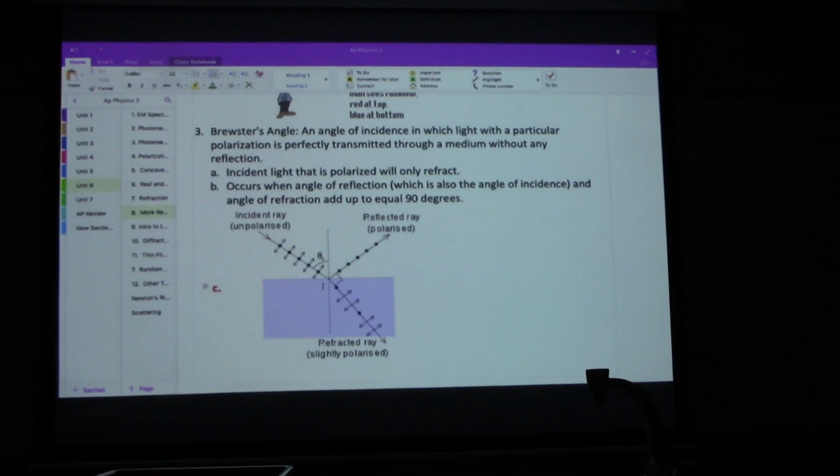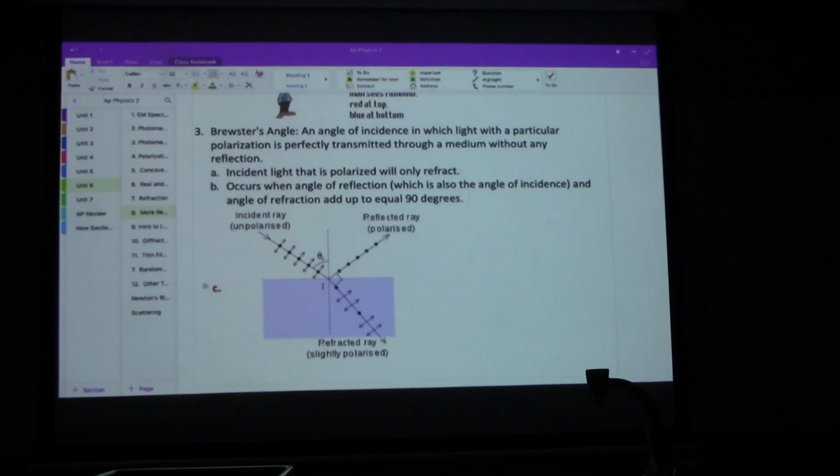So when the angle of incidence of a particular polarized light source is such that a perfect polarization is transmitted, there will not be any reflection when the angle of refraction and the angle of reflection add up to equal 90 degrees.